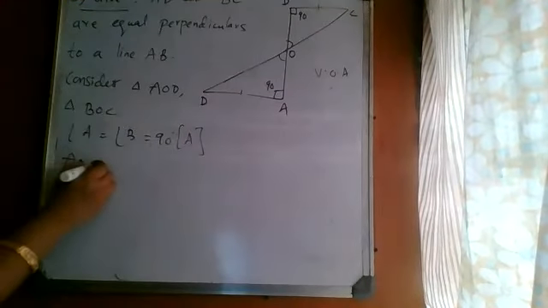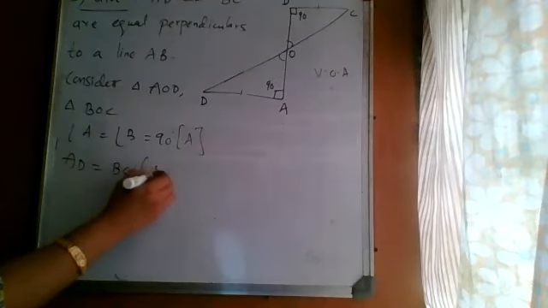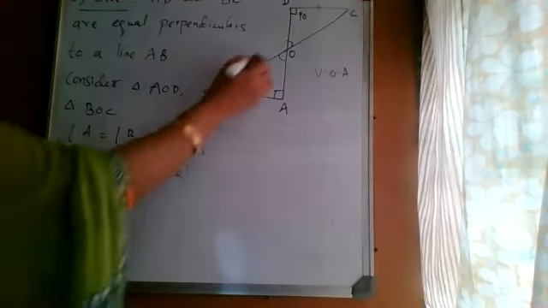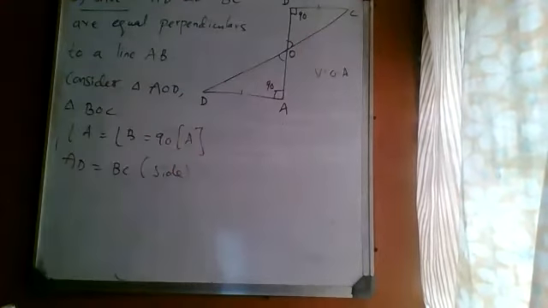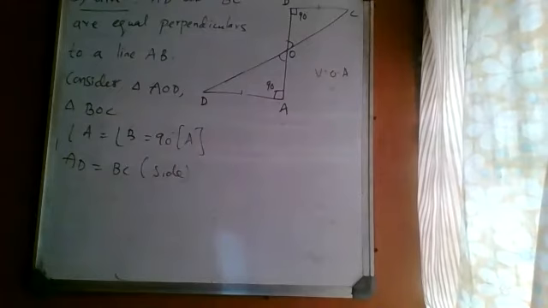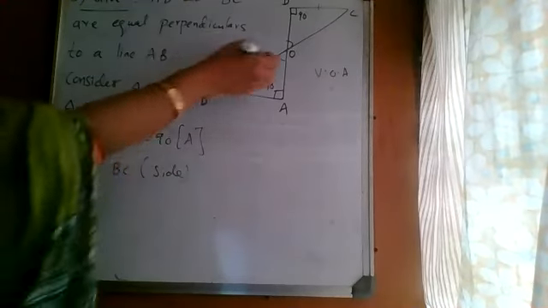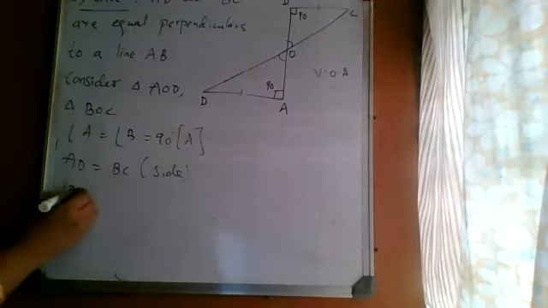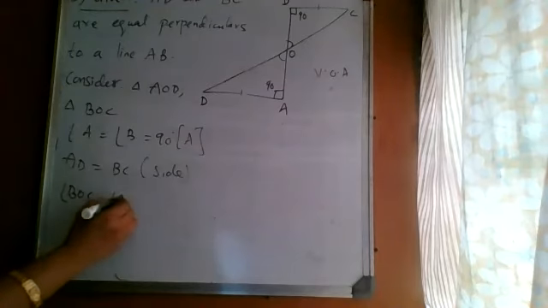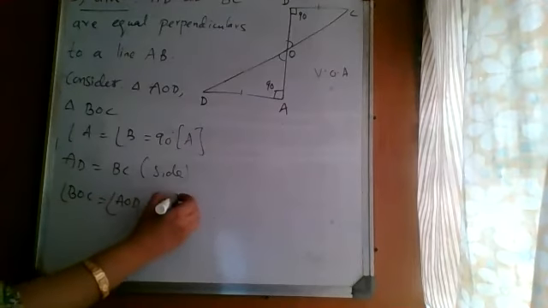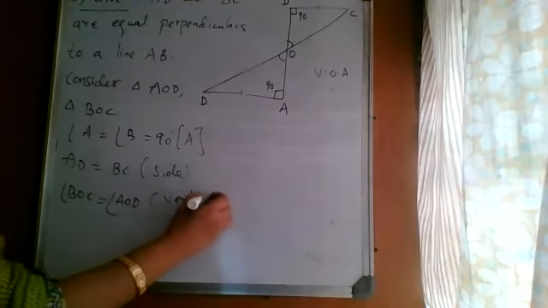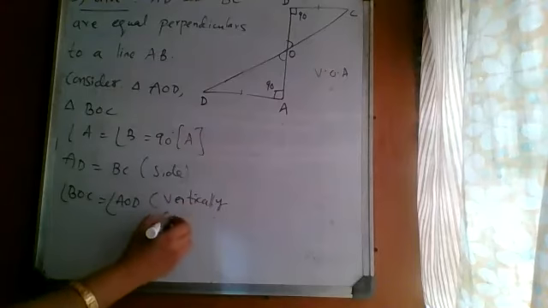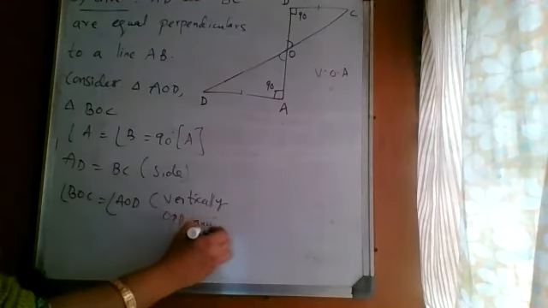AD is equal to BC. We got one side. Next, these two angles are equal. Why are they equal? Angle BOC is equal to angle AOD, vertically opposite angles. Vertically opposite angles are equal.